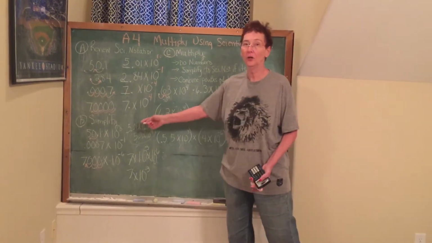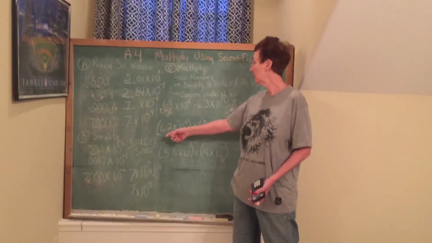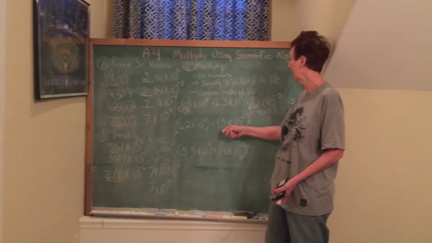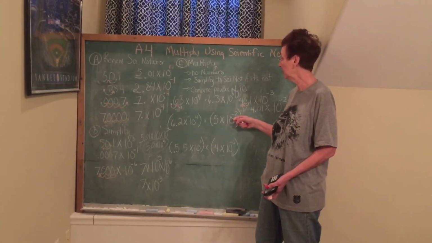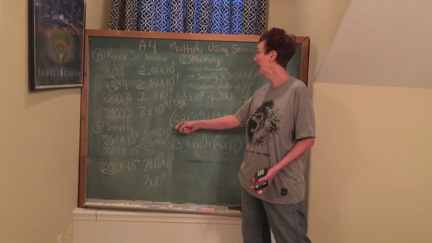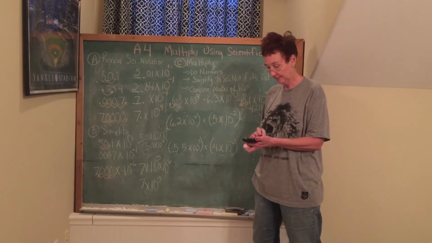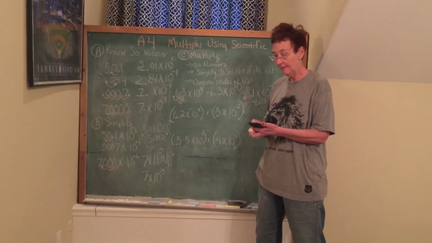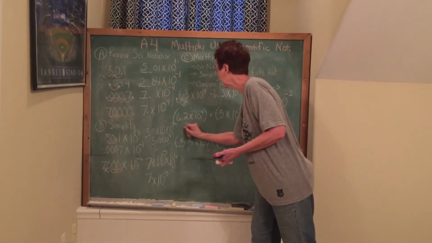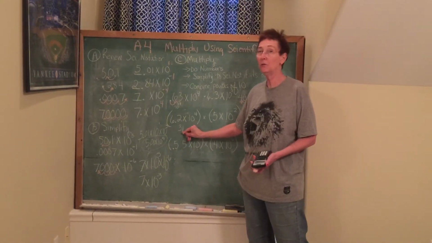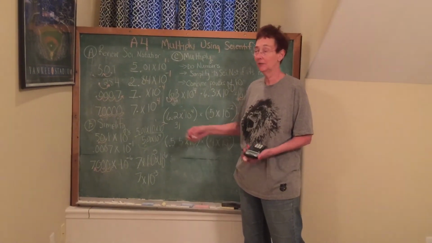If it's a long multiplication problem, 6.2 times 10 to the 4th, and I'm going to multiply it times 5 times 10 to the negative 2. I'm going to multiply my numbers, 6.2 times 5, and that would give me 31. And then I know that 31 is not in correct scientific notation.